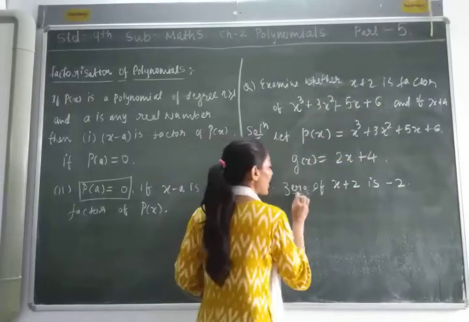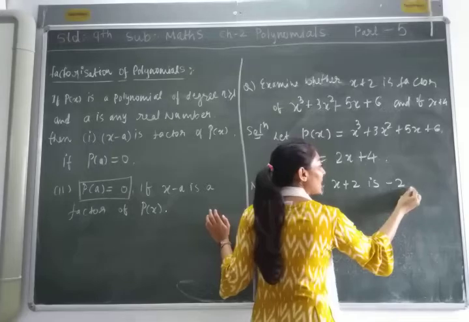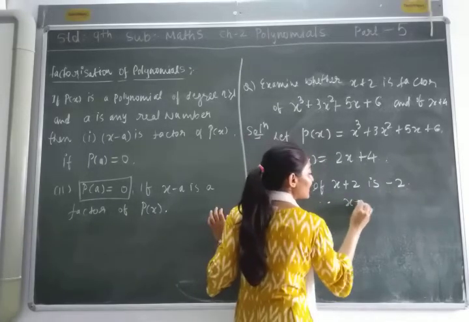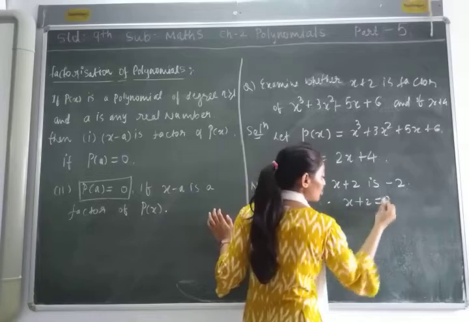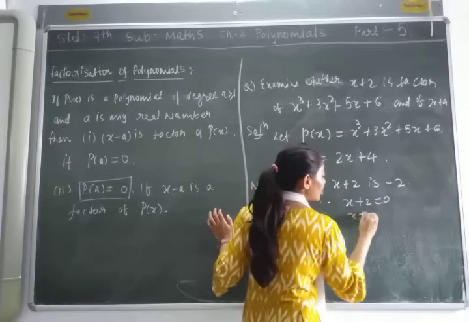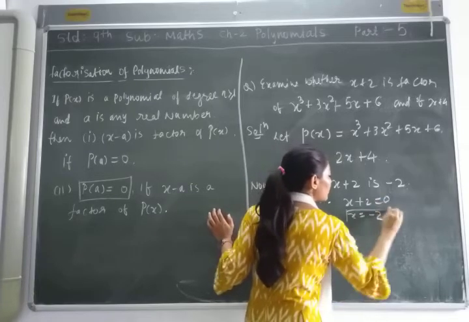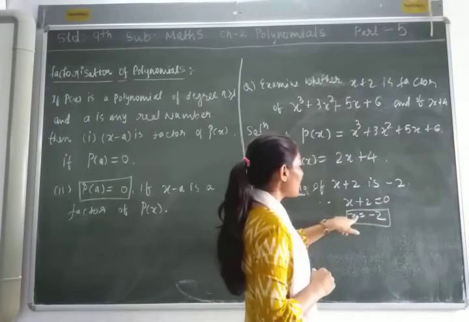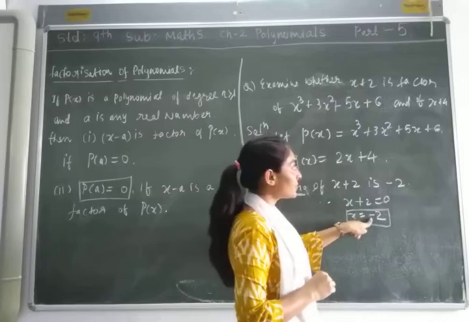So we can write it in the zero form: x plus 2 equals 0, and I'm getting x equals minus 2. We just have to find the value of x. So I'm getting x equals minus 2 over here.